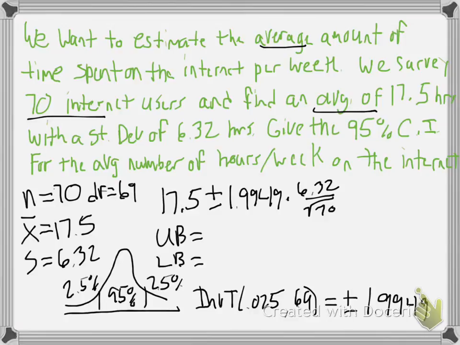So I type 17.5 plus 1.9949 times 6.32 divided by the second square root of 70. I didn't need to do any parentheses on that one. And I get an upper bound of basically 19.0069.